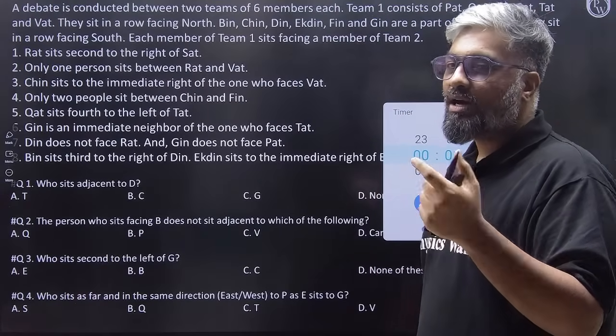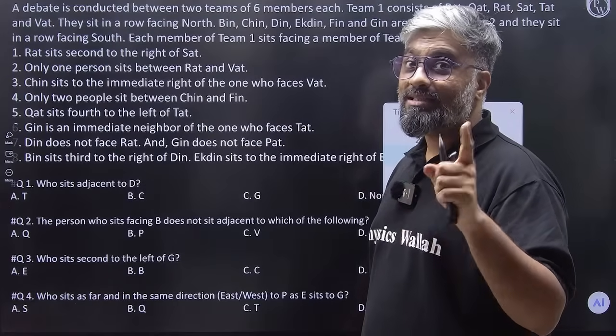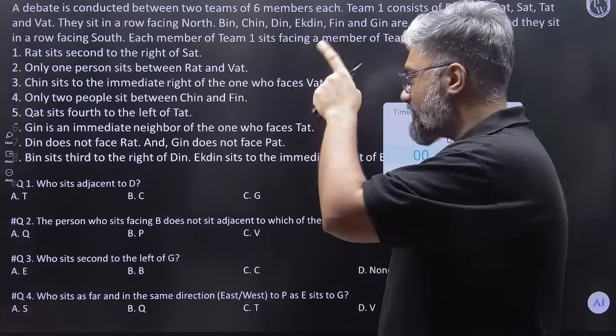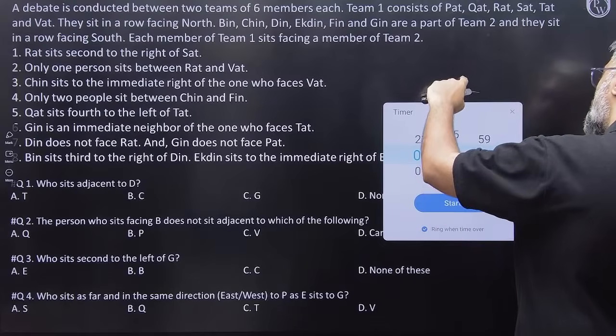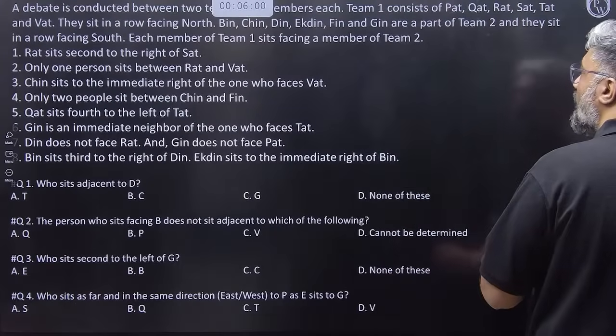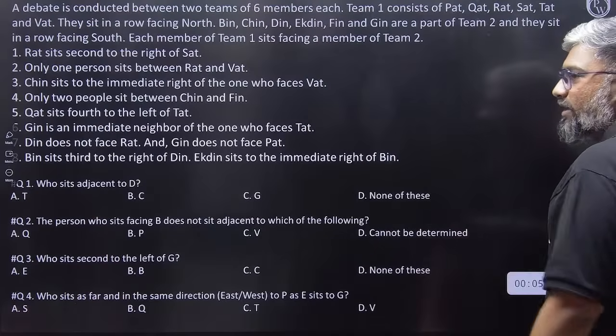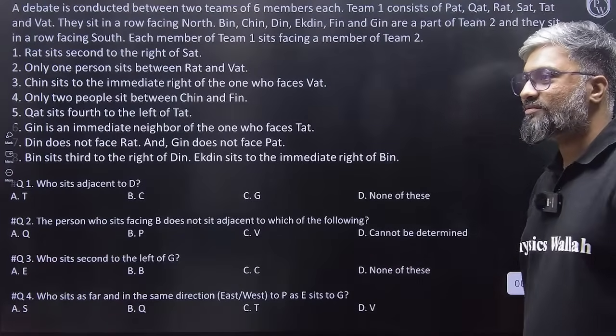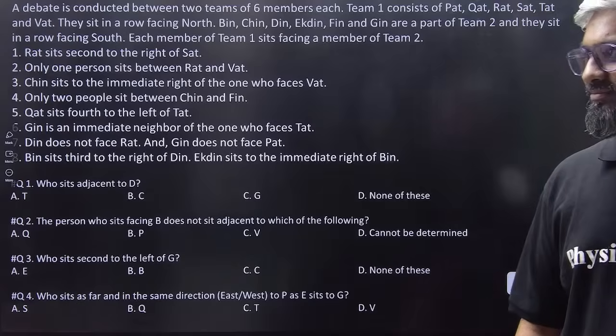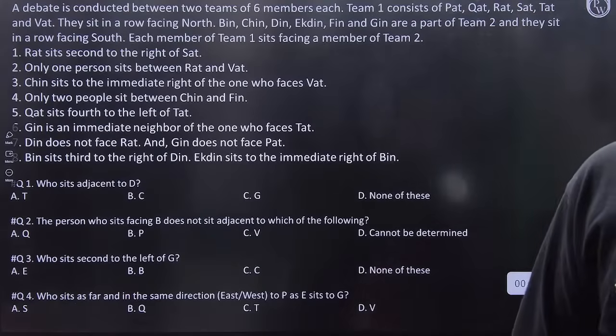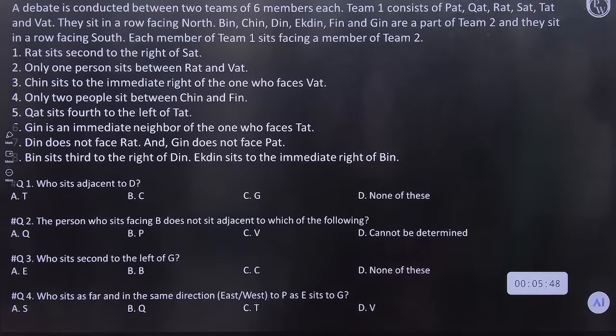So far all the arrangements that we were seeing is just one row of people, but there's something different here. So I'll give you 6 minutes, 1 minute extra for just the sake of it. I don't know. There's no specific reason. Let's go.